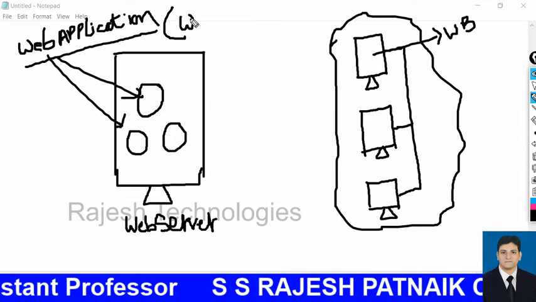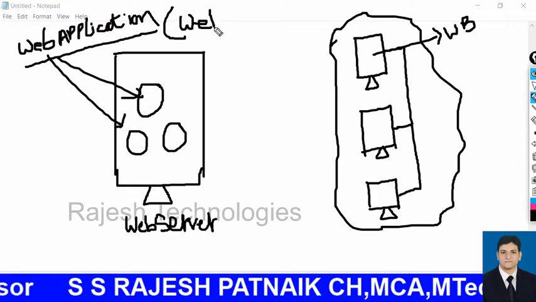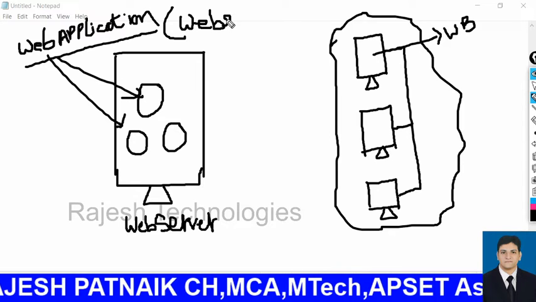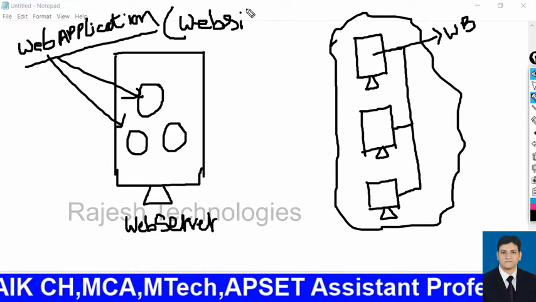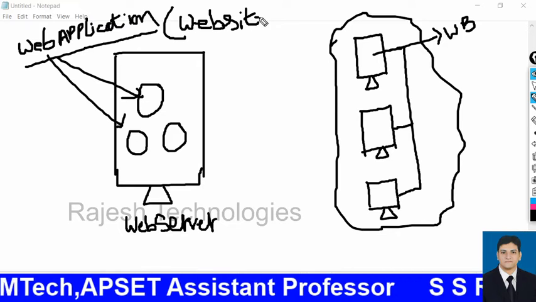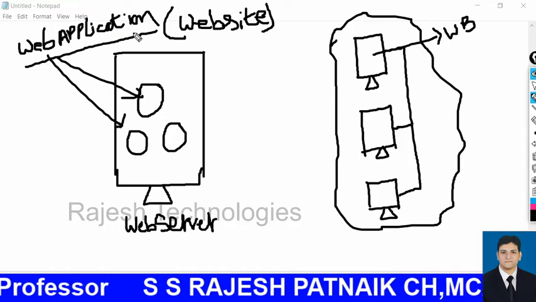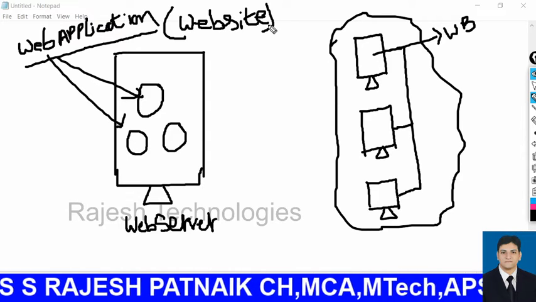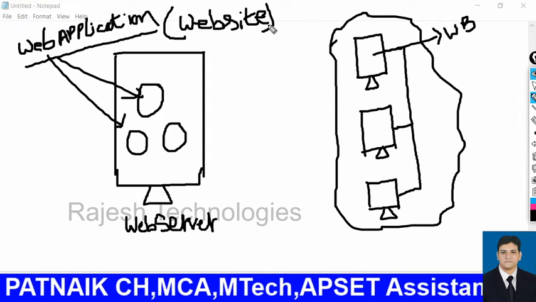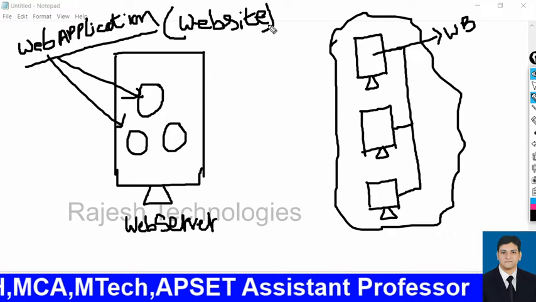So web application or website, both are the same. We can also say a web application is nothing but a website, but a sophisticated user will say it is a web application, while an unsophisticated user will say it is a website.